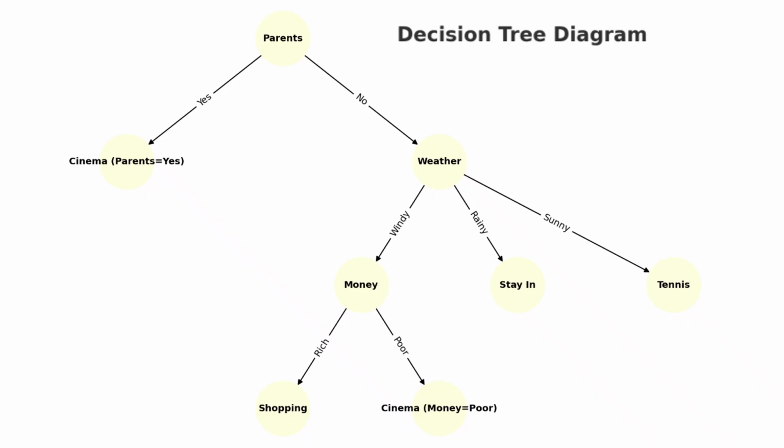If I choose money, there are 2 outcomes: one is rich, another one is poor. If money is rich, we will go for shopping. If money is poor, we will go for cinema. So now all the nodes end with some fixed decision.